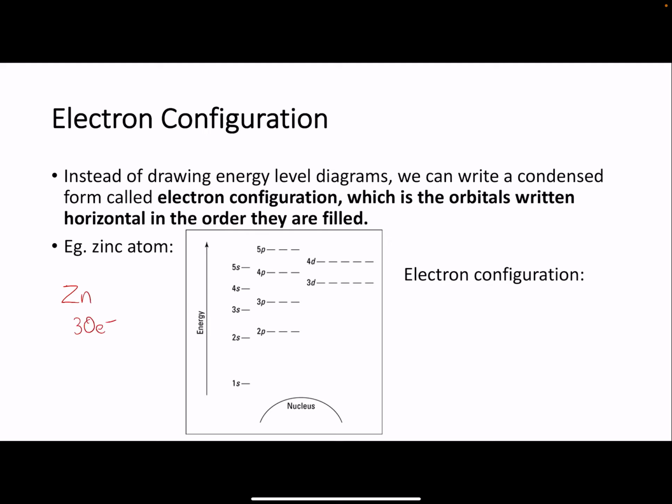Okay. So as a quick recap, if we use the zinc atom as an example, and we fill this energy level diagram based on the Aufbau principle, we should follow it like this. We're going to keep going, and we're just counting as we go.